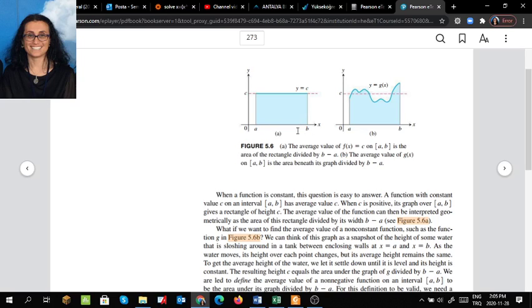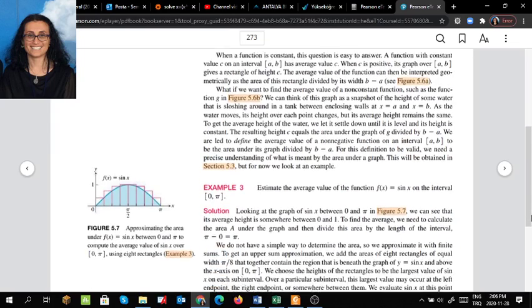If you divide by b minus a, you get c as an answer. So we use this idea to get the average value of a function for a curve like this, not a straight line. This is going to give us the average value of g. So on average, what type of value does g take? That's going to be the answer to that.